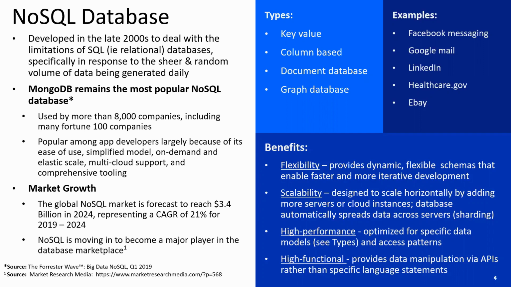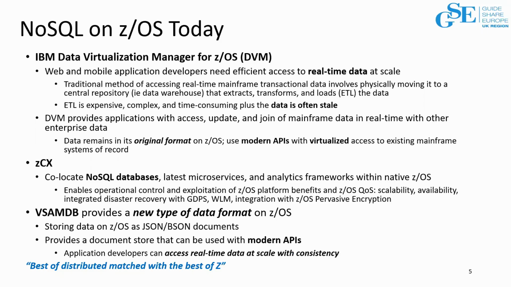I've seen on the Mongo roadmap that they're certainly looking at it, but in general, the application developers are responsible for providing that transaction consistency. And again, in the next couple of charts we're going to talk about how RLS solves this. So if I'm on z/OS today, what do we have from a NoSQL perspective?